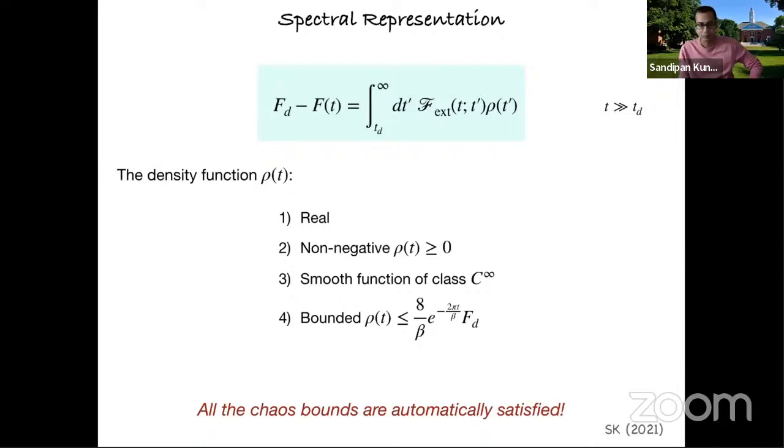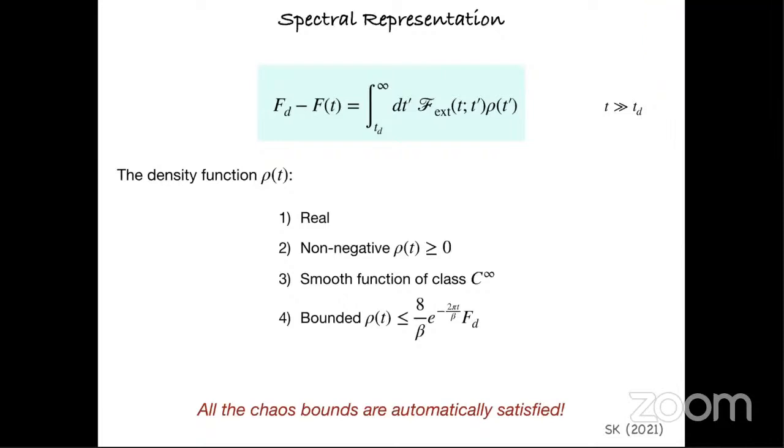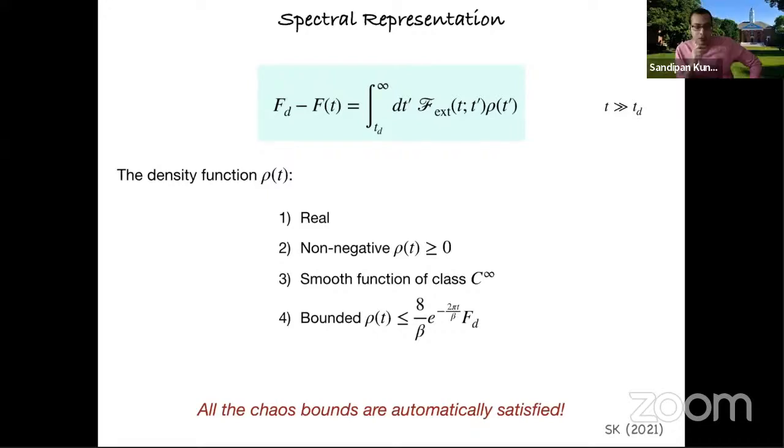Okay, sir. And sir, in the graph of the scrambling time and the dissipation time, if we consider Hawking radiation, would that have any kind of relationship with the Page curve? That's a good question.